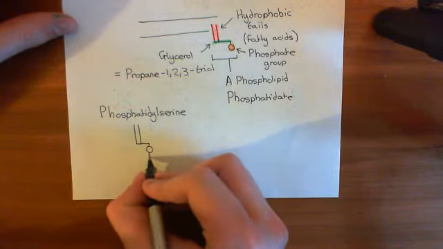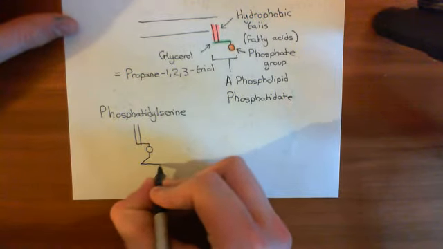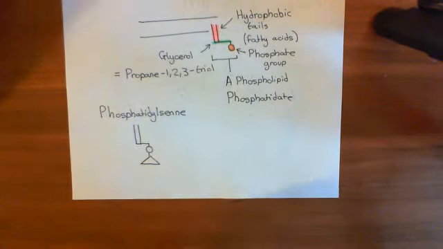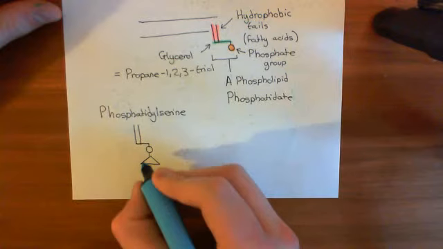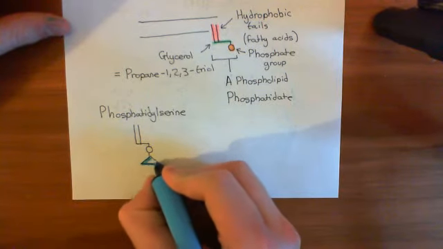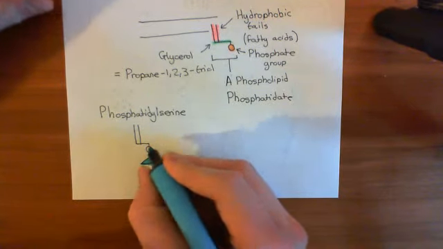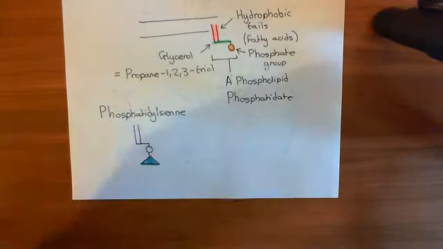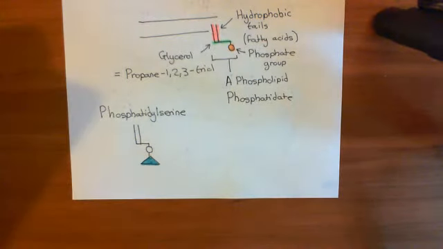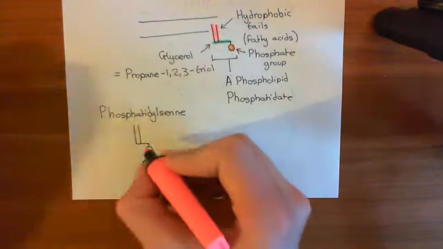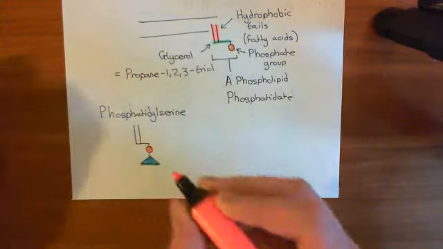What you do is stick a serine amino acid off this phosphate group. You form a phosphoester link between the hydroxyl group of the serine amino acid and the hydroxyl group that is free on this phosphate group. So you stick serine onto this phosphate group like so.